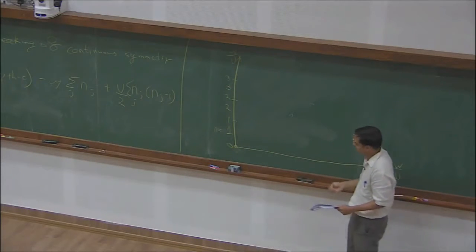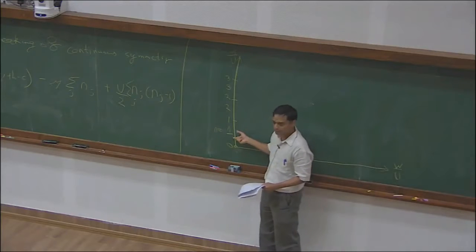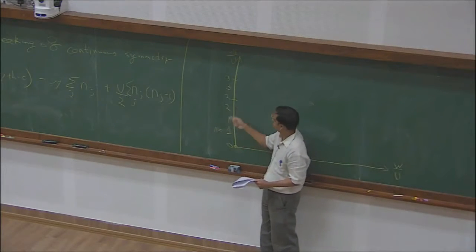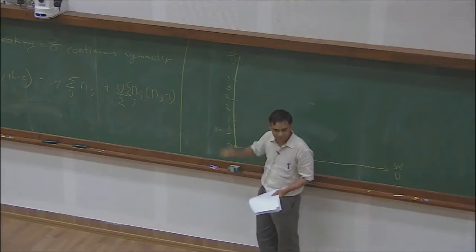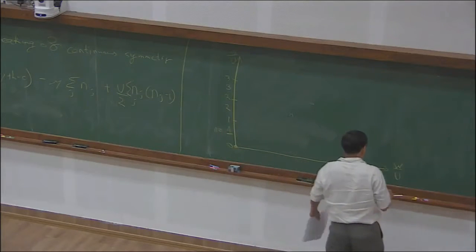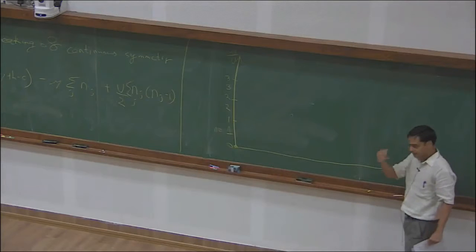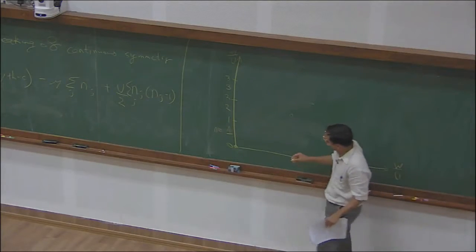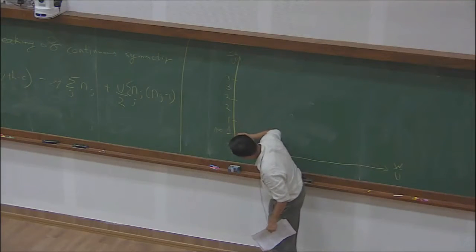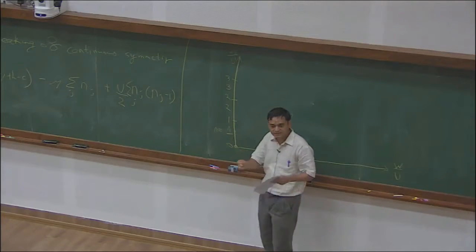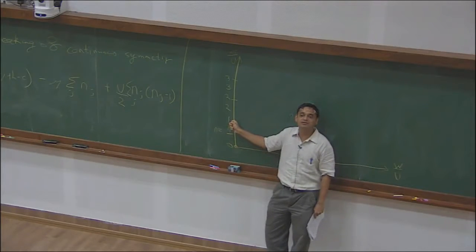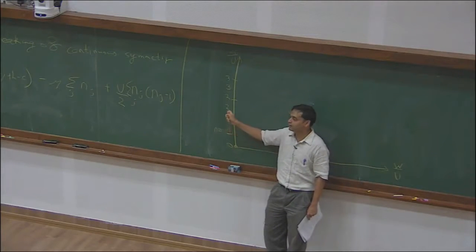So classically, you will say the ground state has 1 particle per site to begin with, then it has 2 particles per site, then it has 3 particles per site, right? Now let's work through in our mind what W will do. So to begin with, let's start in the middle somewhere here, far away from these degeneracy points where the system doesn't know whether, here for example, it's a bit tricky, right? The system already doesn't know at the classical level whether it wants 1 particle or 2 particles.